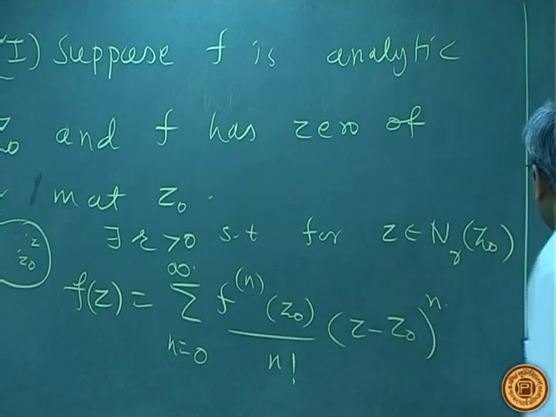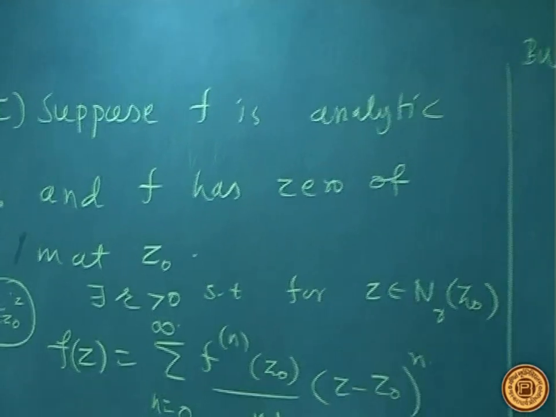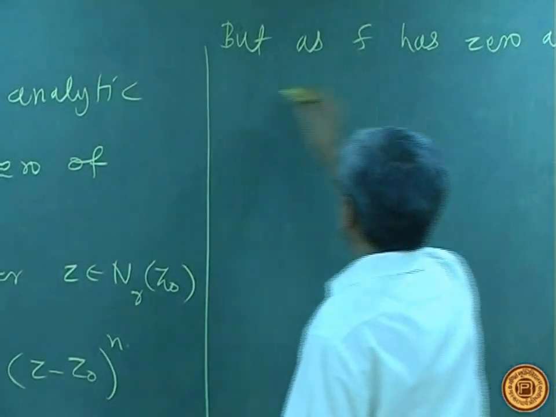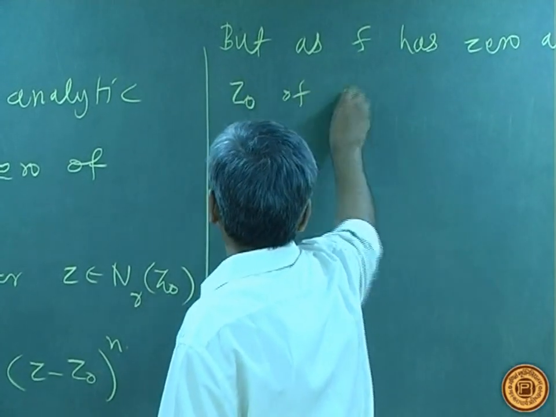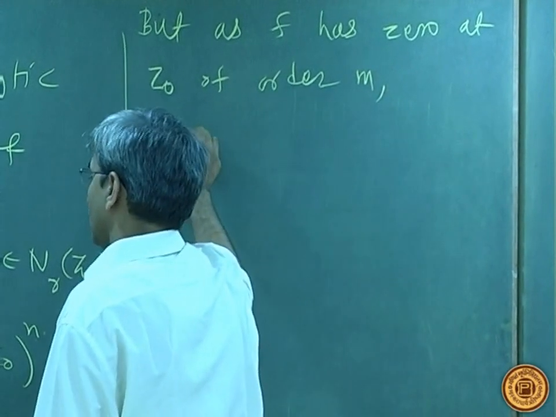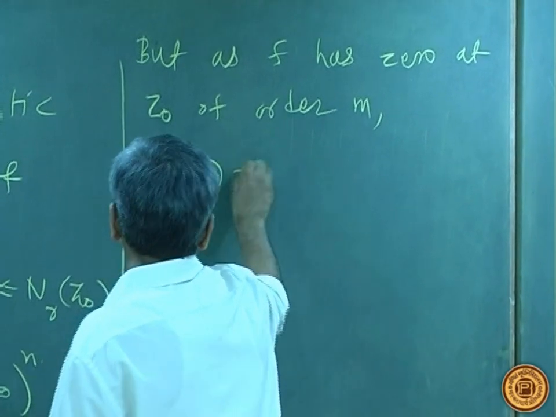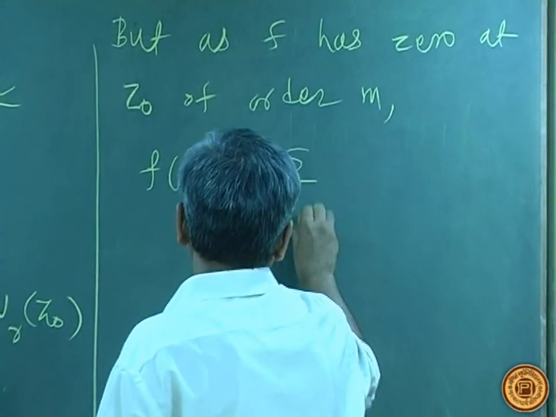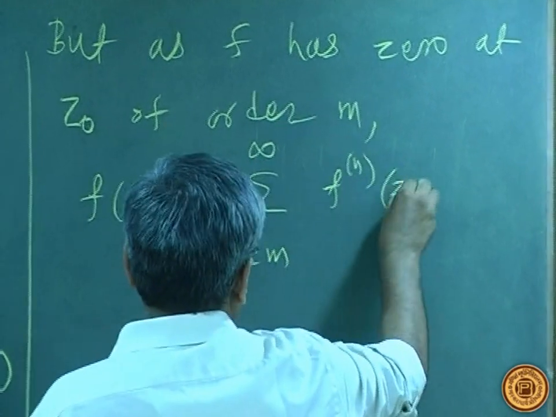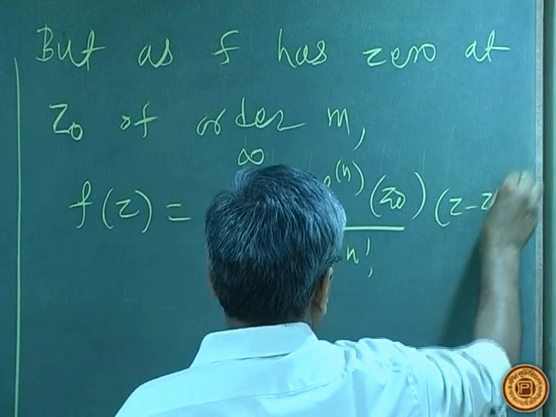But as f has a zero at z naught of order m, f(z) can be written as sigma n from m to infinity of the nth derivative of f at z naught upon factorial n, times (z minus z naught) to the power n.